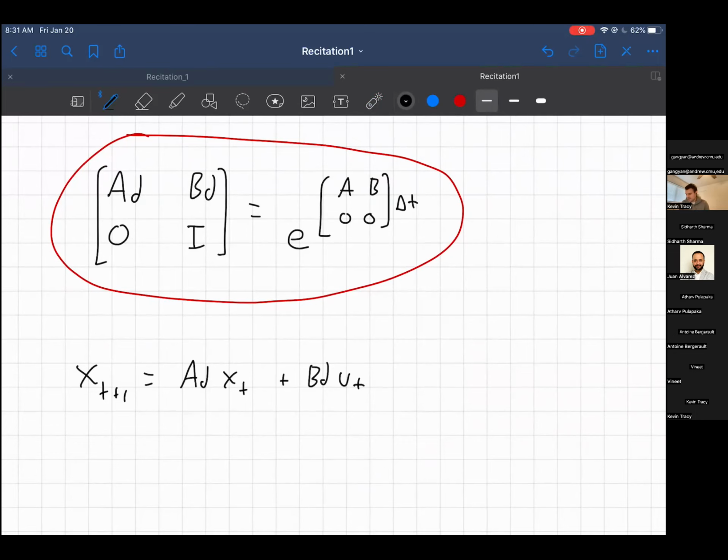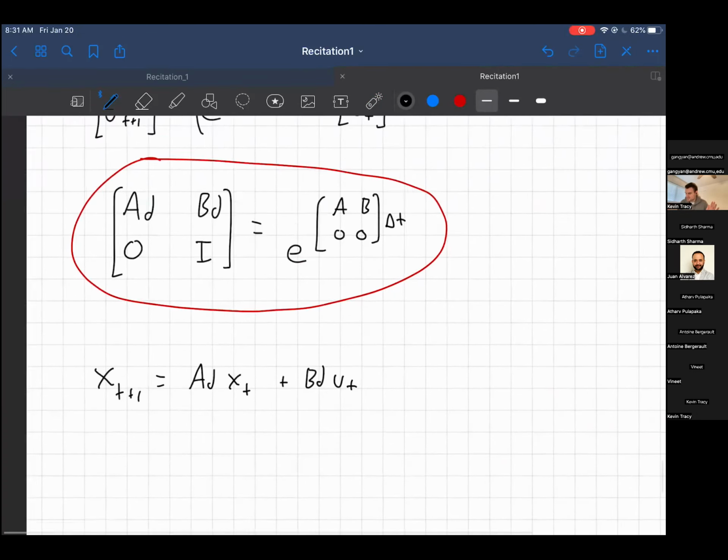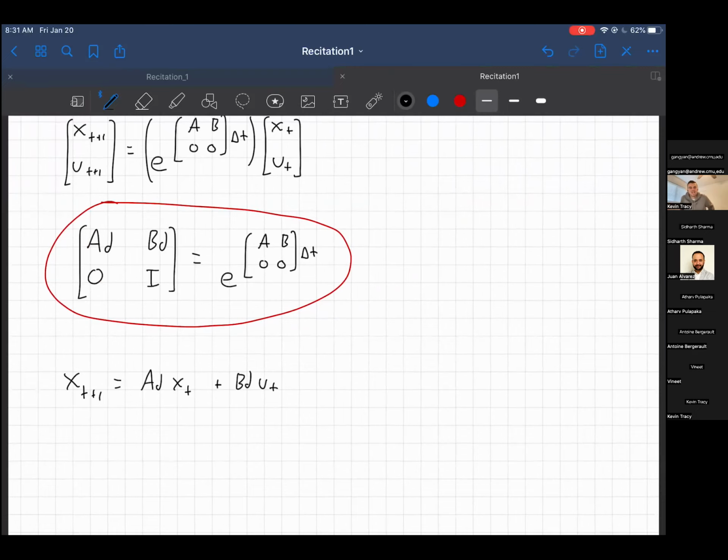I think this is super cool. This is definitely worth playing around with and implementing on your own and making sure that, if I integrate this ODE with RK4, it matches what my linear matrix exponential solution tells me it should be. And what you'll find, if you've done it right, is that yes, it does. And this is super nice because it lets us describe our dynamics in continuous time, which sometimes makes a lot of sense.